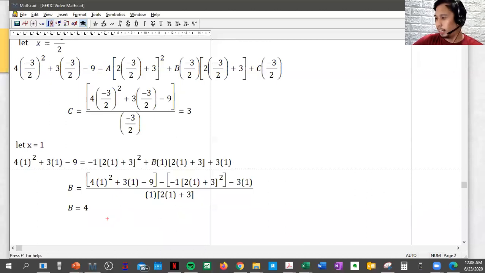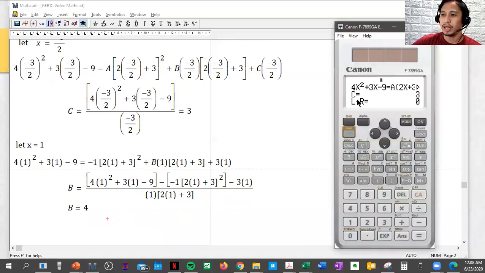Or again, if we are to use this, since we already got the values of a and c respectively, pwede natin i-change ito, making this b, then shift calc, then assume any value except for 0 and negative 3 halves. So you've got to change this. Pwede 1, pwede 3,000 as what I said, kahit na ano, as long as a and c are there, negative 1 and 3.